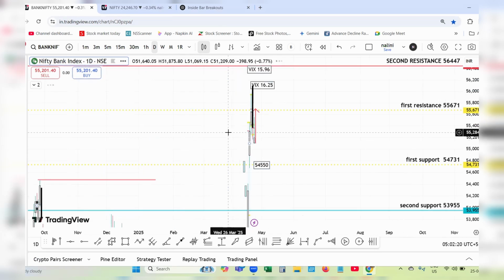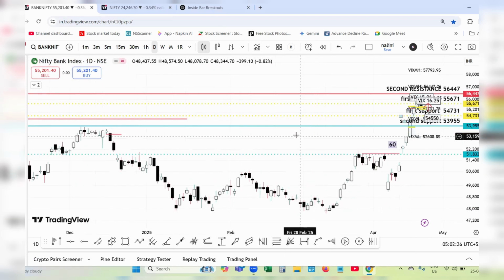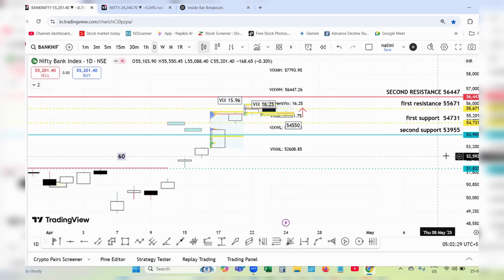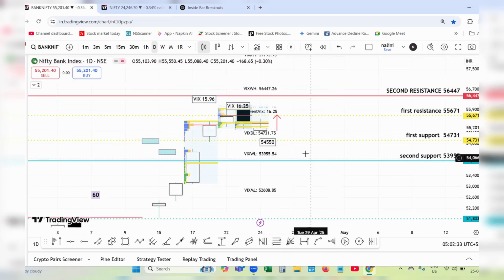Here in the Bank Nifty, it has already broken below this level, and actually it can move. Let me go to the 15 minutes time frame.